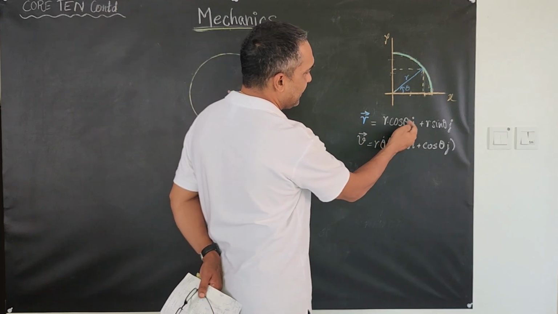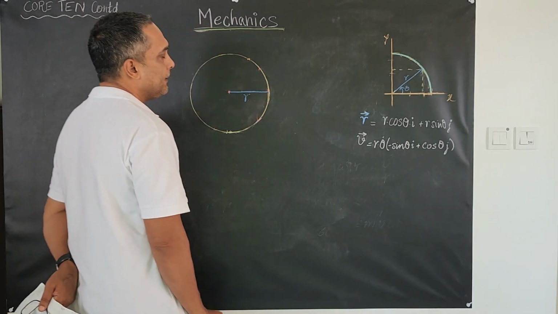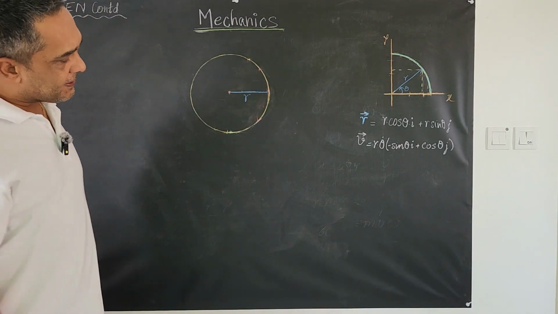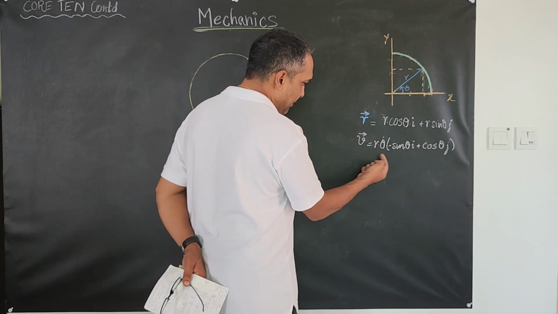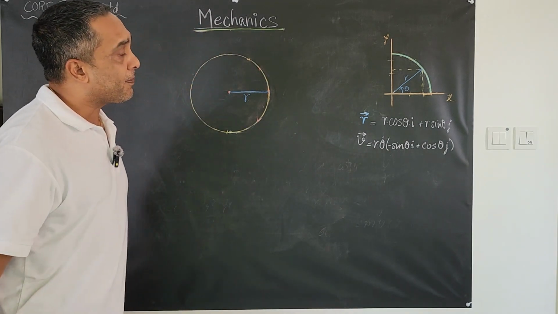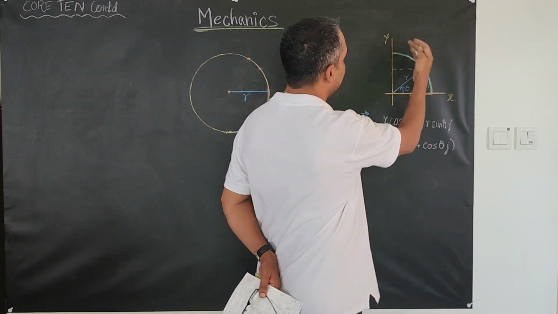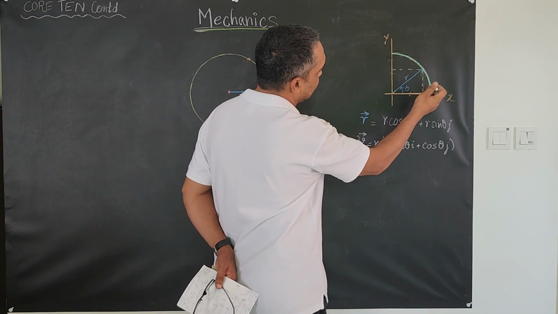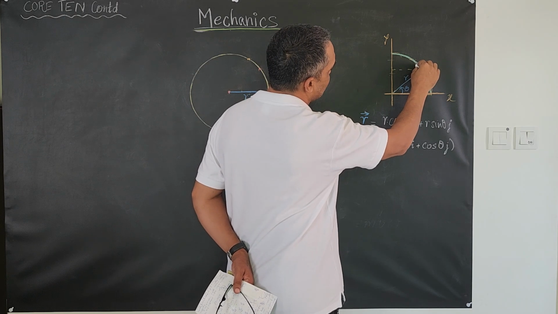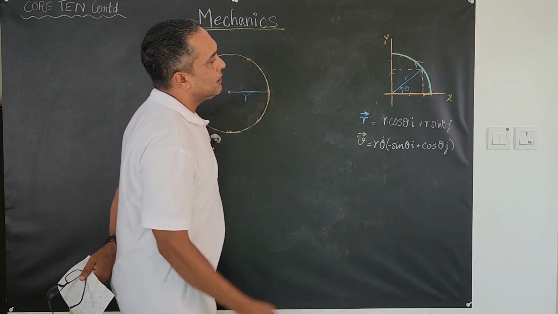Cosine becomes negative sine, and theta dot is the first derivative of theta, which makes sense. We had that velocity is equal to r omega, which you can see applied here, right? And we know velocity effectively is along that path, right? If I was to say that that's my velocity direction.